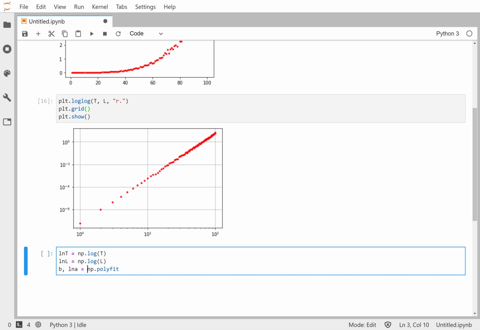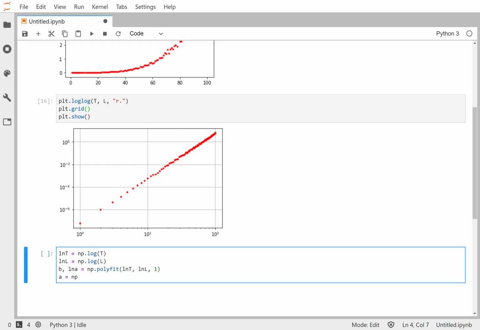Remember, we're doing a power law of the form A times x to the B, or A times t to the B in this case. So B here is going to be our power, and natural log of A is that coefficient out front. And what we're going to polyfit here is natural log t as our x values, natural log L as our y values, and we want to do this to first order because we're fitting a line to the logarithmic data.